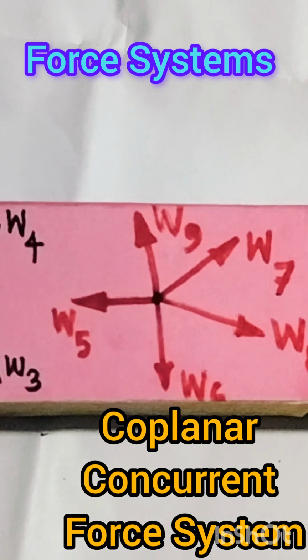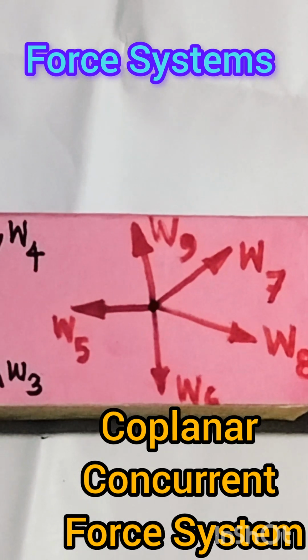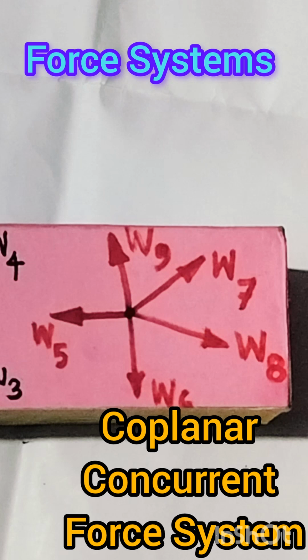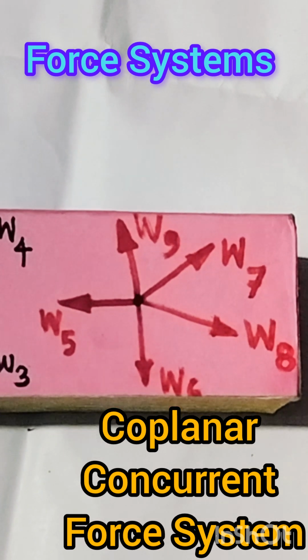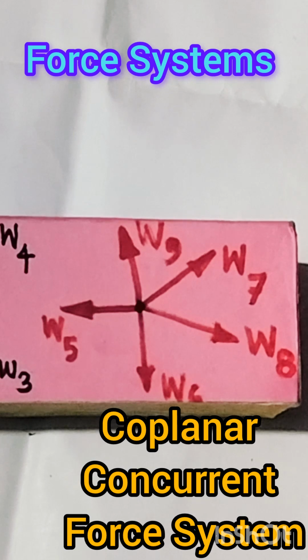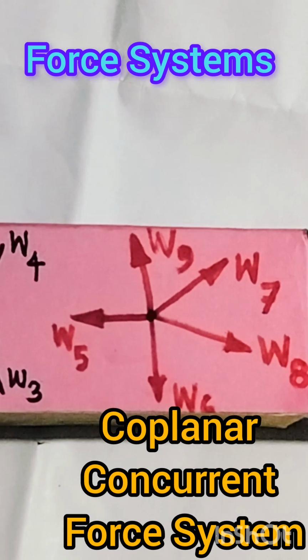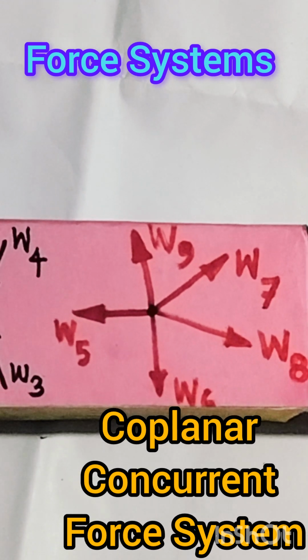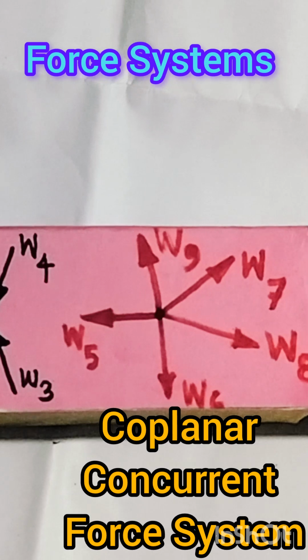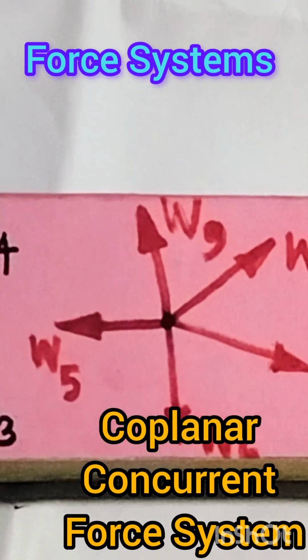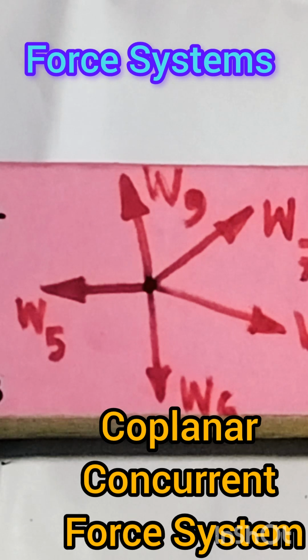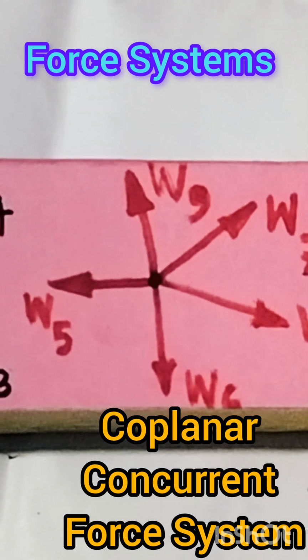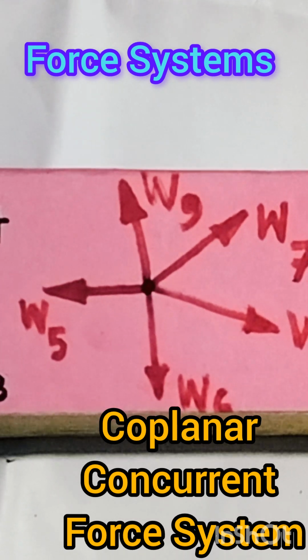On the same pink plane, W5, W6, W8, W7, W9 forces are acting at a particular point, diverging in nature, diverging from a particular point. So we can call the group of these forces coplanar concurrent forces.